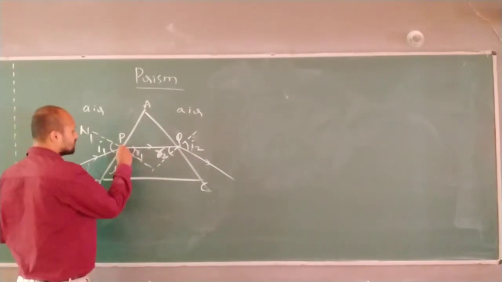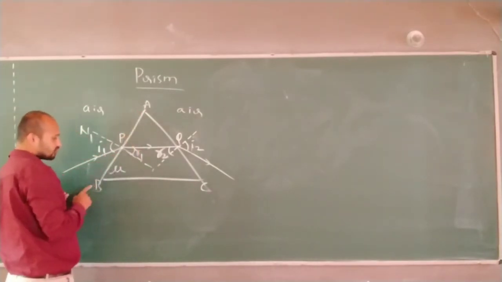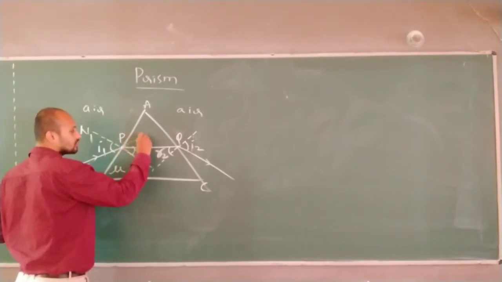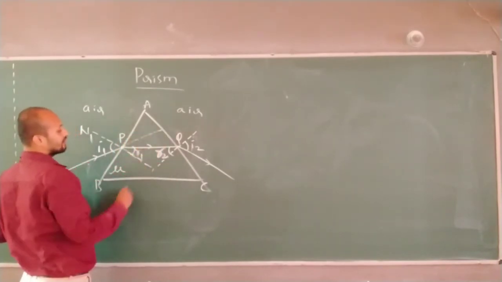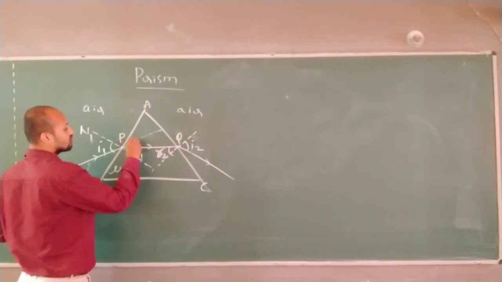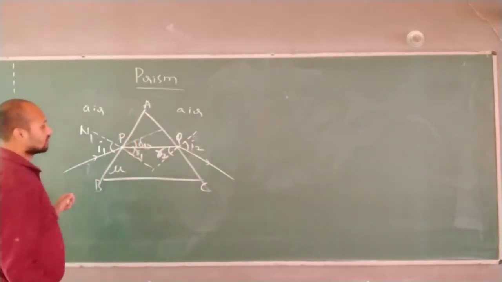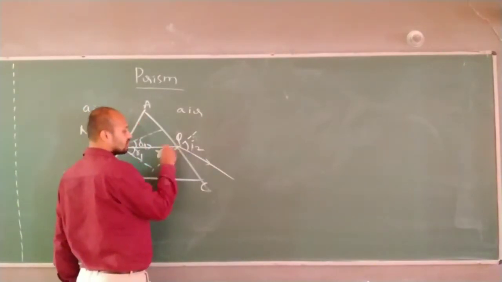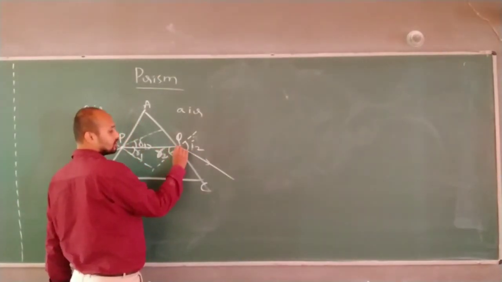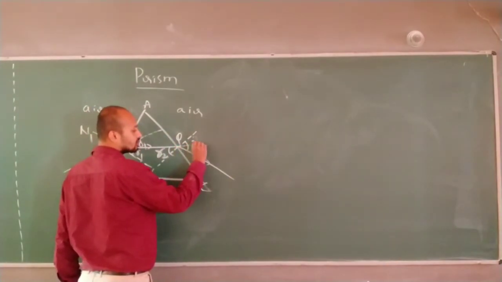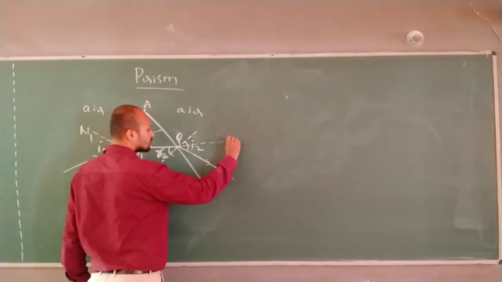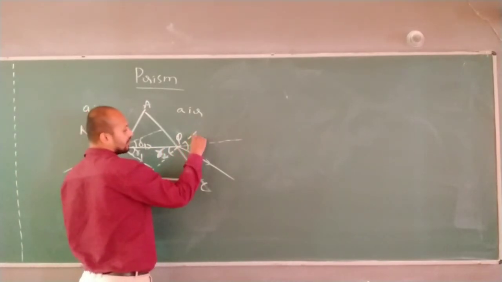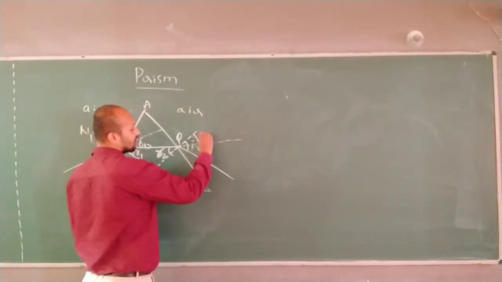See here, if you talk about deviation through the first surface, if I extend this line, the deviation to this line will be dou 1. Correct? If I talk about deviation through the second surface, after passing, this angle will be R2.